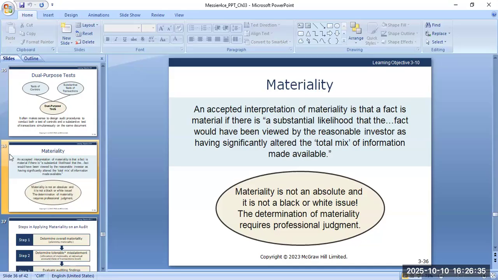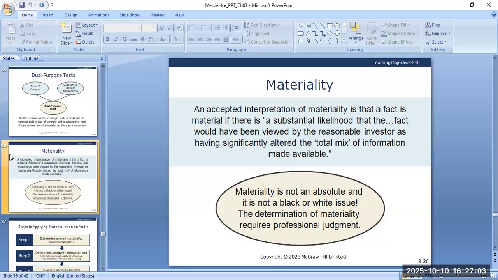But in reality, materiality is: is there anything in the financial statements that, if the decision maker knows about it, is going to change his decision? Materiality is not absolute, and it's not a black and white issue.